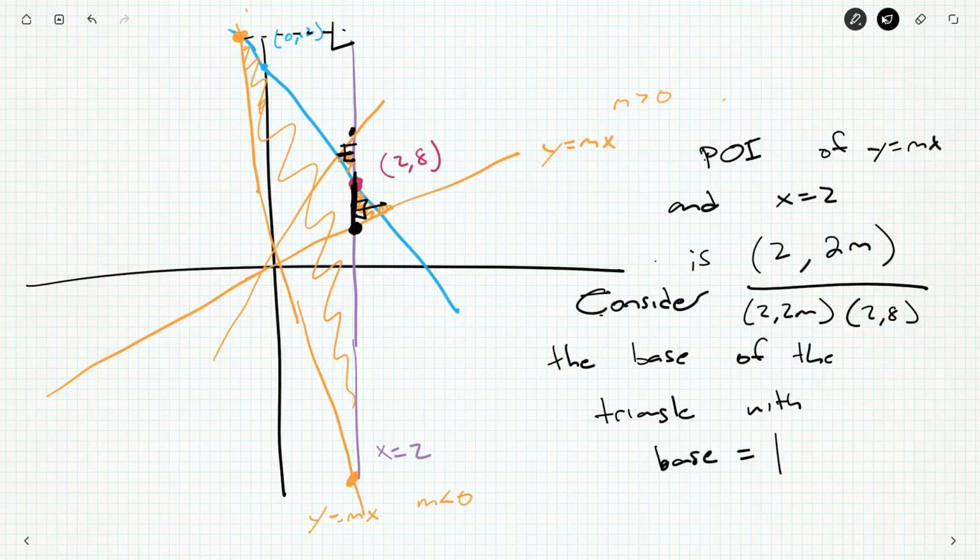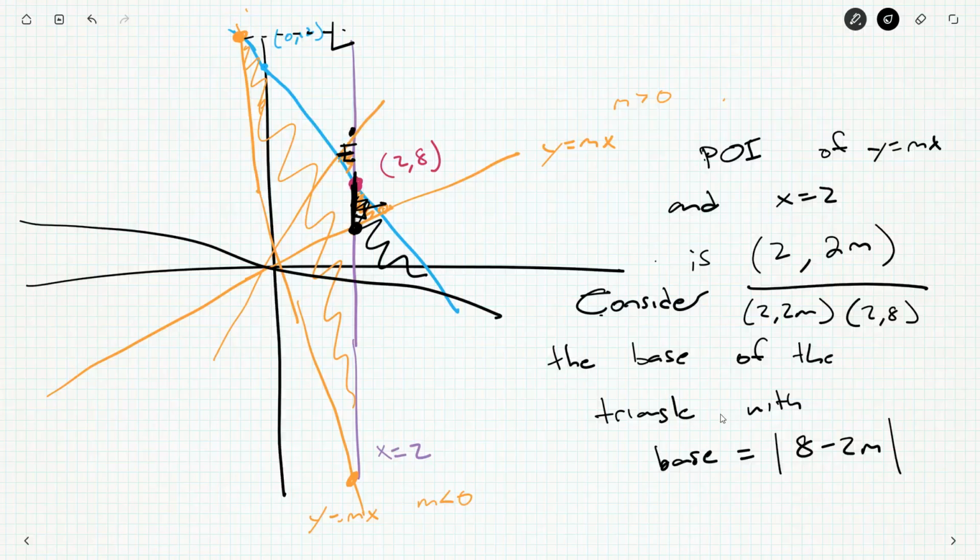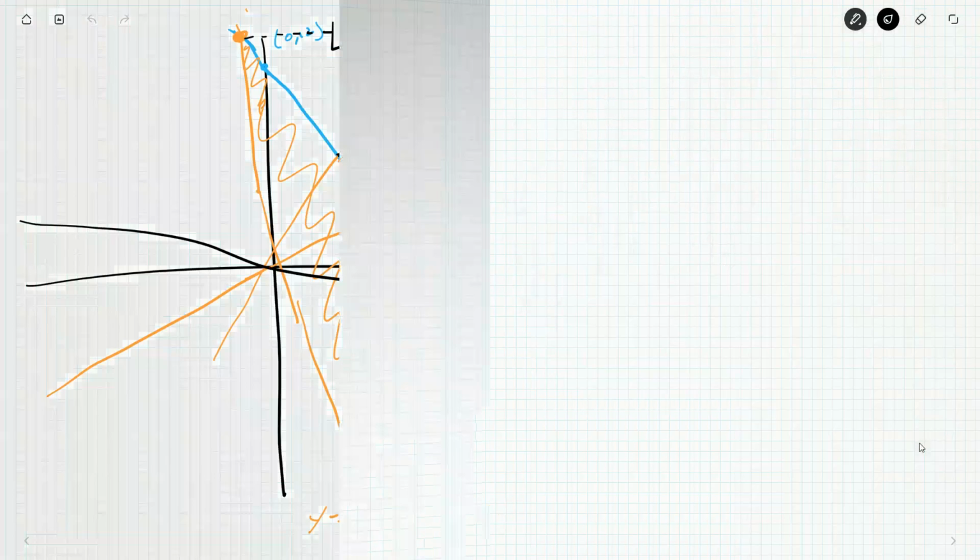It could be vastly below 8, but it's going to have a length of the absolute value of 8 minus 2m. Okay. So there's that. And then, what's the other one we could have? Oh, I guess we could have one coming across like this and then having a triangle. So yeah, 4 solutions seems a bit more reasonable. So there's one base. Well, that's all the bases. It just depends on our m value. So we'll make a little note of that.